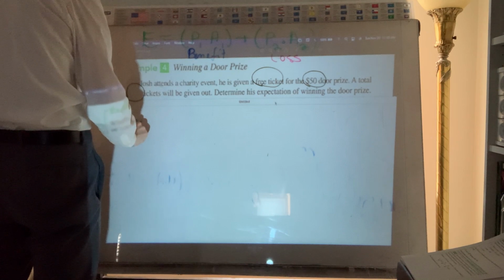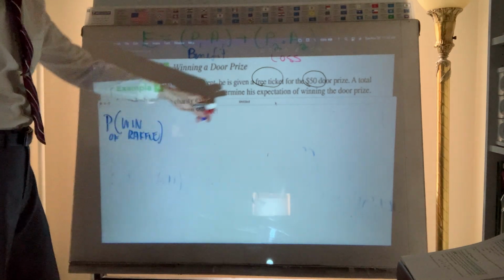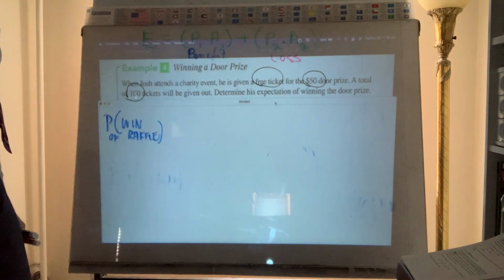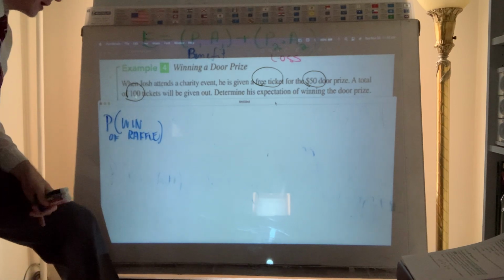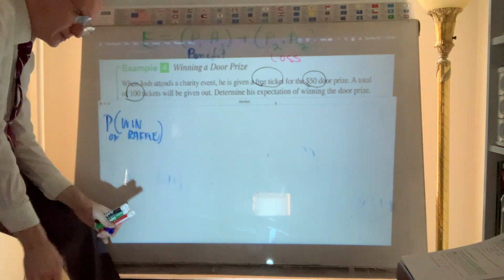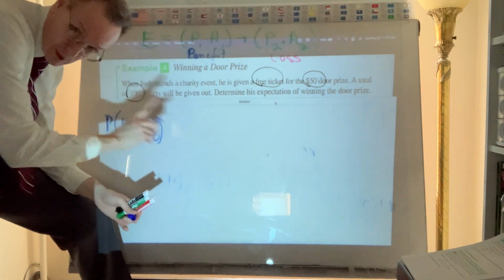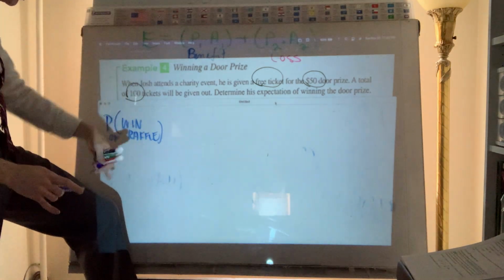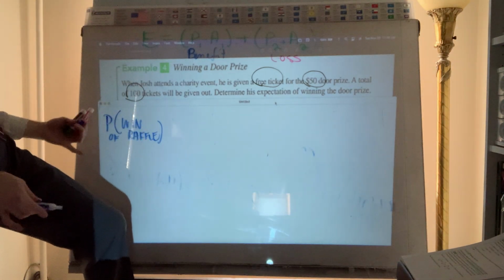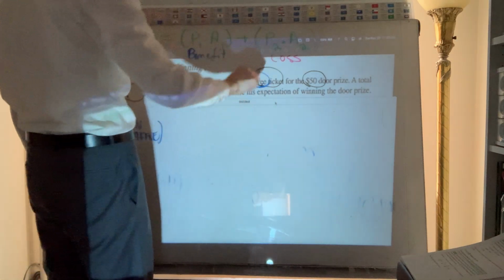And I know that they didn't say the word raffle, but one would have to figure that it is. Why? Because there's a ticket involved here, and there's 100 tickets. So that means that, unlike the lottery, a raffle is a guaranteed winner, somebody, not necessarily Josh. What's the probability of winning a raffle if you have a free ticket?